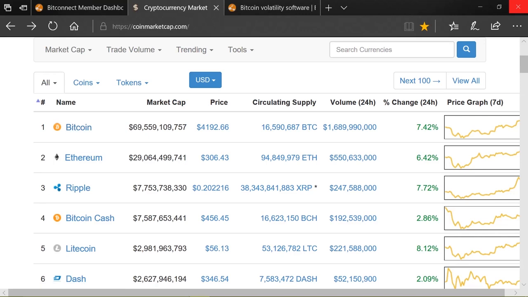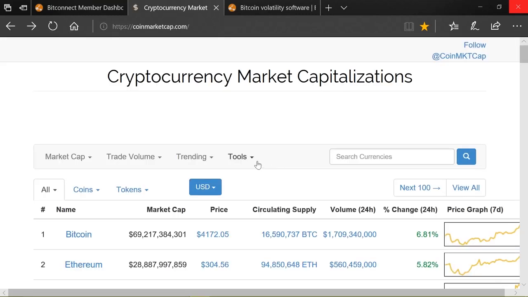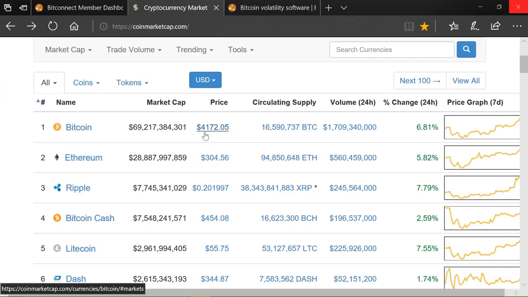It has a market capitalization of $69,559,109,757. So market capitalization is how much currency is circulating in the system. So the current price is $4,172.05 per Bitcoin.